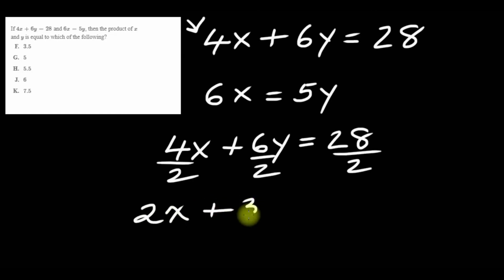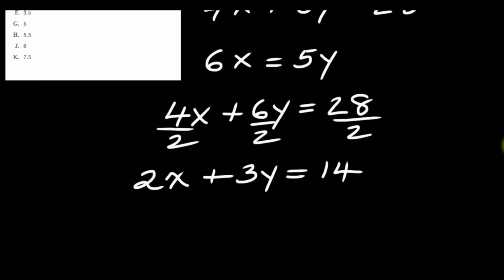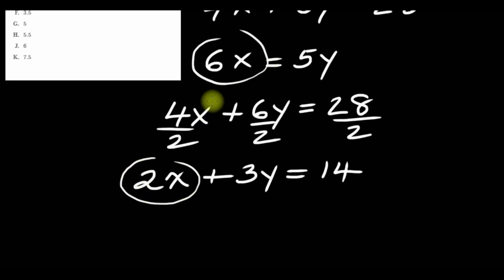plus 3y is 14. If you compare the 6x with the 2x, is there a way that I can make the 2x turn into a 6x? Yeah, I can do that. If I multiply 2x by 3, I'll get 6x.